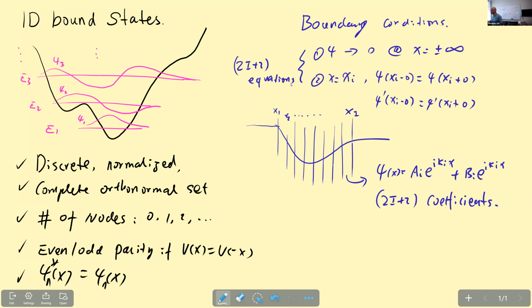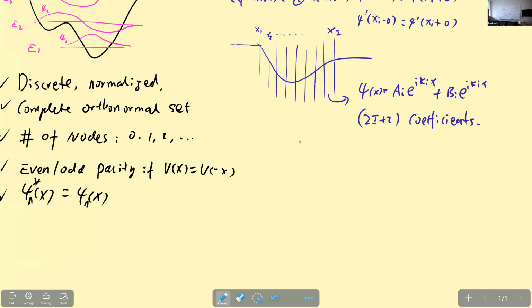That means you can write this in matrix form, with A0, B0, A1, B1, until you have B_I. This is a (2I+2) times (2I+2) matrix, and you have this equal to 0.